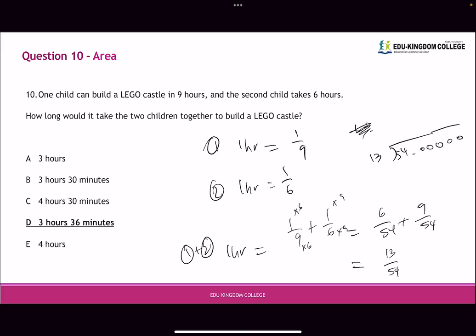I'm just going to write out my zeros because I know it's not going to be a whole number. Hold on, something's not right there. Sorry, this should be 15 over 54. So 15 goes in 3 times.